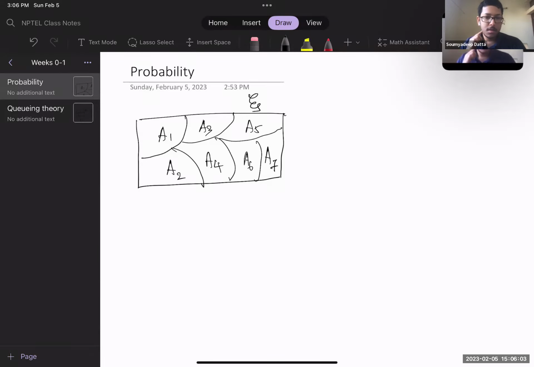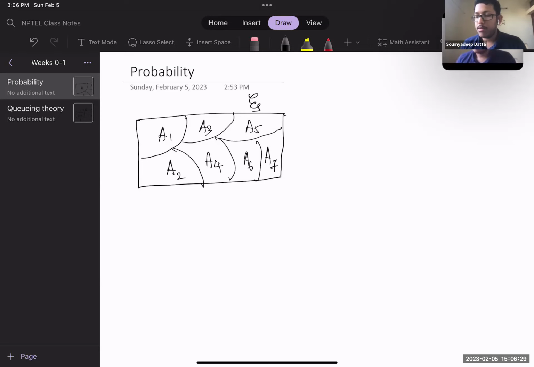Okay, let's start. As you can see, I drew a very random sketch here. This is a rectangle representing a set, and I have partitioned this set into 7 partitions. I chose the number 7 because I like it.